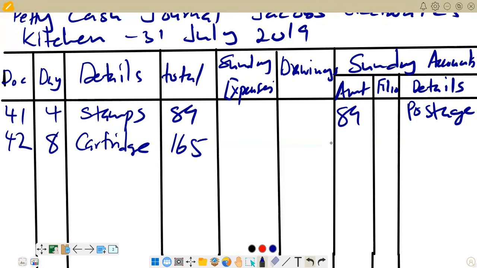They're going to put it under sundry accounts there. It's 165. And then on details, we state that it's stationery. So this is what we have in terms of this payment of cartridge. You can go and check what we have next now.